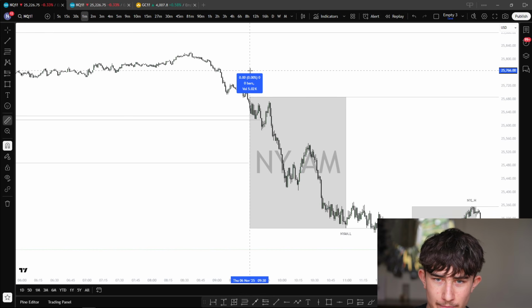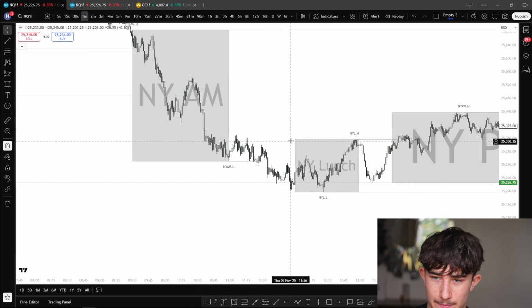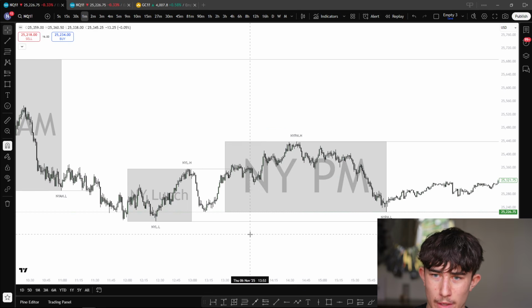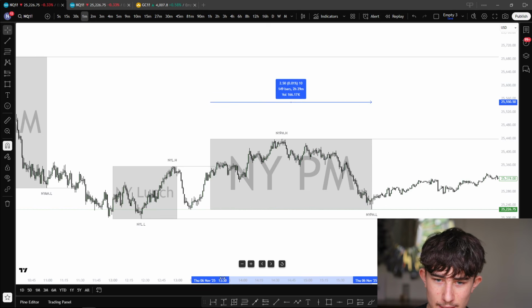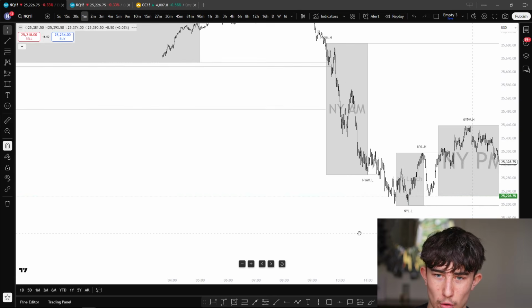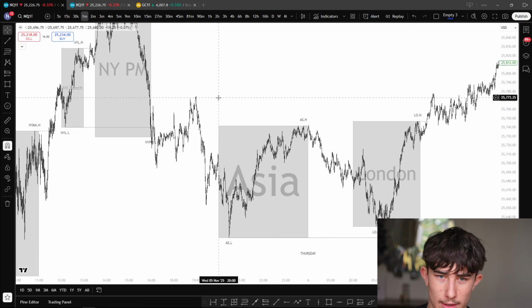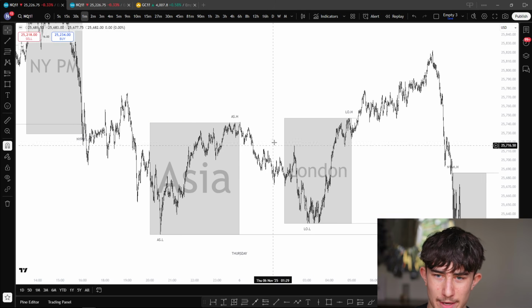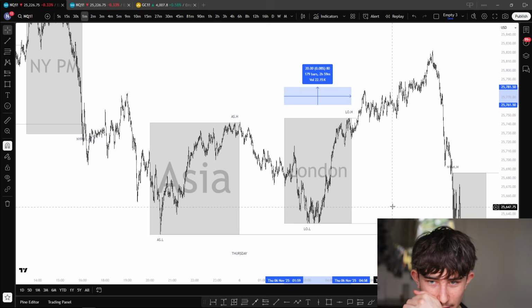New York AM is 9:30 to 11. New York lunch, it's 1 hour, 12 to 1. New York PM is 1:30 to 4, which is market close. And then pre-market, we've got Asia, 8 till midnight, and London, which is 2 to 5.